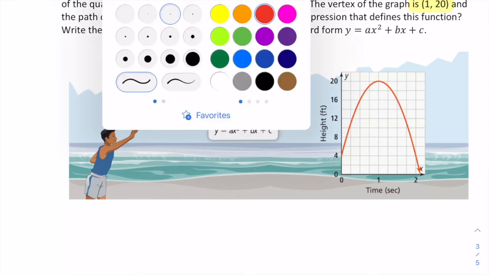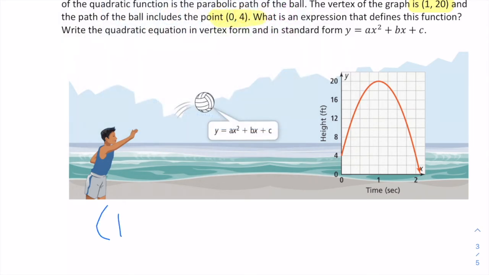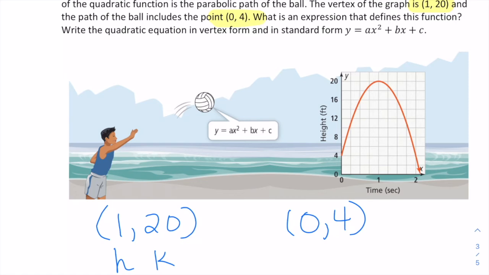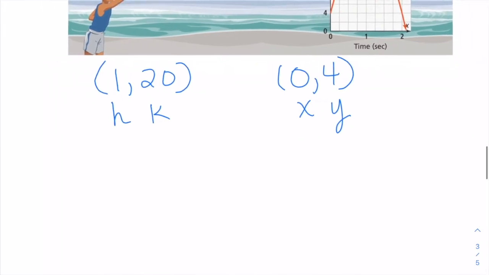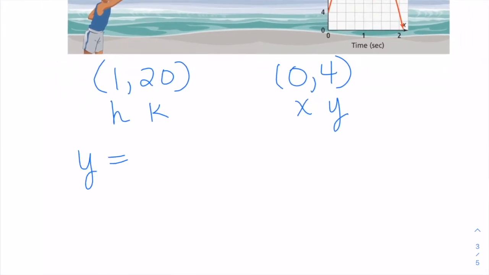So we know that (1, 20) is our vertex, our h, k. (0, 4) is another point on the graph. So I'll write that as x, y. In vertex form, the equation is y equals a times (x minus h) squared plus k.